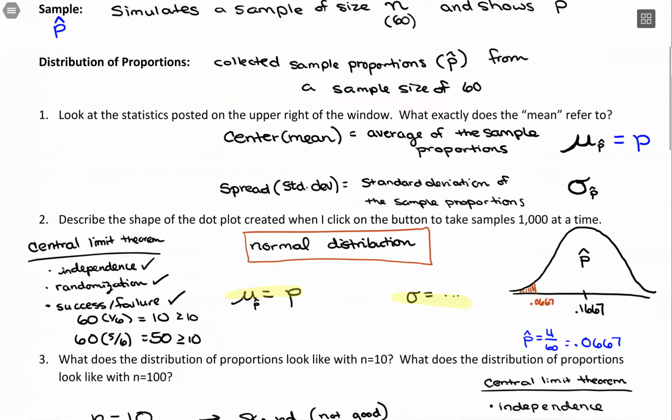But then from there, we'll start to use this normal distribution based on the fact that when we build this sampling distribution, the center is always going to line up with your population proportion, and then standard deviation will be something that we can calculate. And then once we set up our normal distribution, we can go into questions involving probability, like this example we started talking about here.